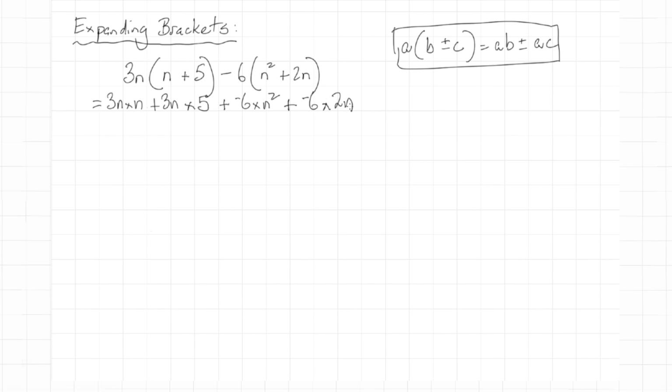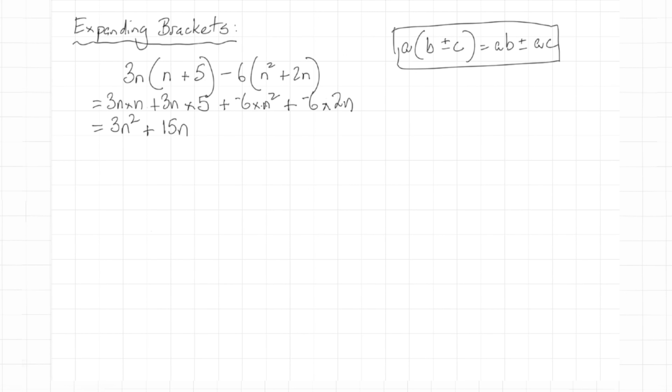Good. Okay, now we multiply out. 3n times n is 3 times n times n. N times n is n squared, so that's 3n squared. Plus comes down. 3n times 5 is like 3 times n times 5. You multiply the numbers together, 15n. Then plus.